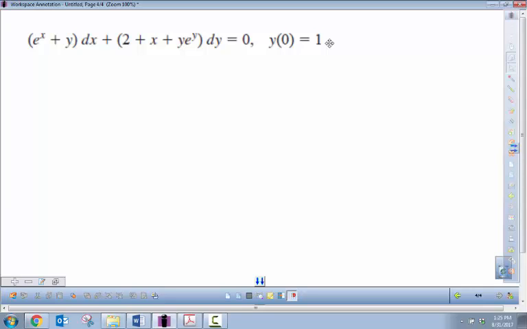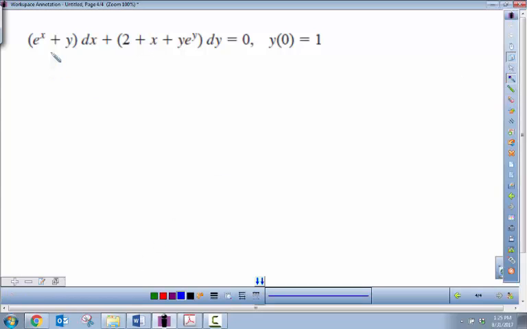I mean, we should check. Let's check. This is number 22 from the textbook. Did it in your head already? It's e to the x, or no, it's 1 and then 1. Yeah, it's exact.